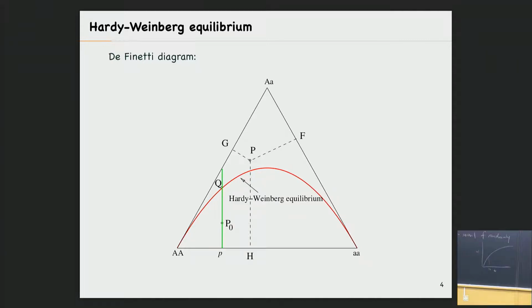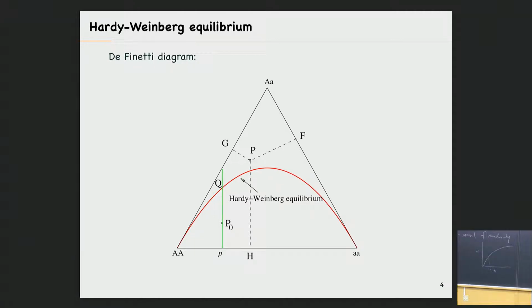Now imagine that you are given a certain frequency of the allele big A, let's call it P, and then all this line here is made of all the possible compositions of the population such that the frequency of allele big A is equal to P. It's all this vertical line.